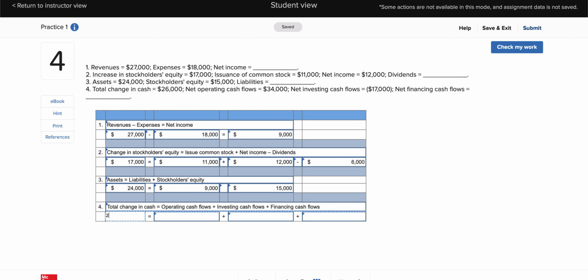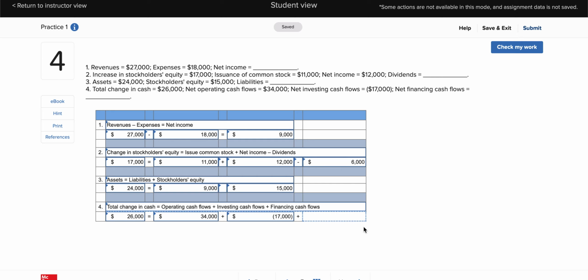This total change is equal to 26,000. And then I want my operating cash flows, which is 34,000, plus my investing cash flows, which is a minus here. They won't let me change that, so I'm just going to put this in as a negative number, minus 17,000. And the last one I have to figure out there. So the total has to be 26,000.